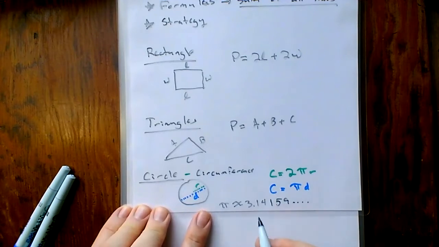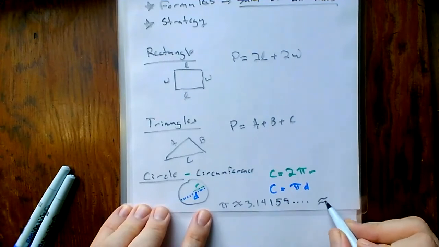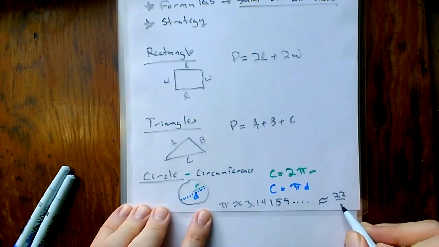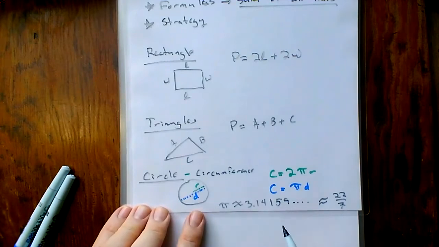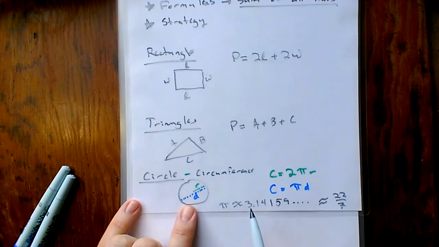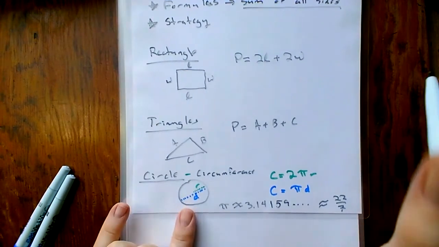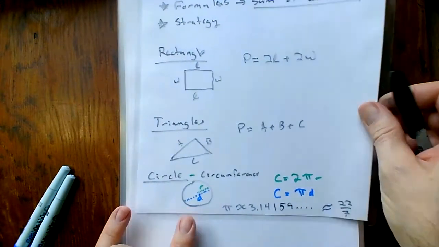Although if you want a good approximation, another good approximation is 22 sevenths. This is not exact, and of course 3.14 isn't exact either. Most of your circles you're going to be asked to do things like round. So these are your basic formulas.